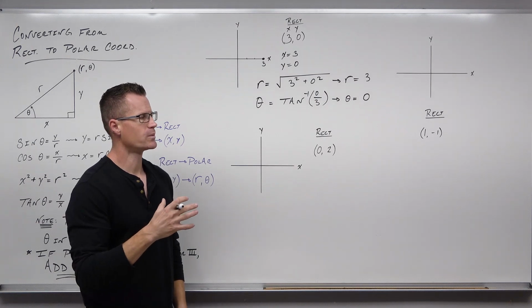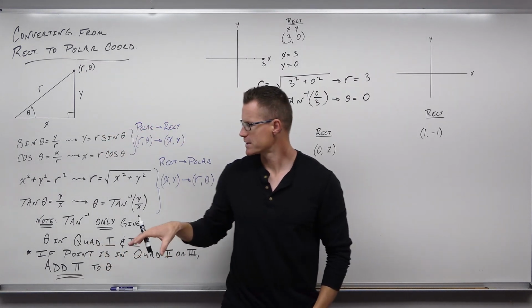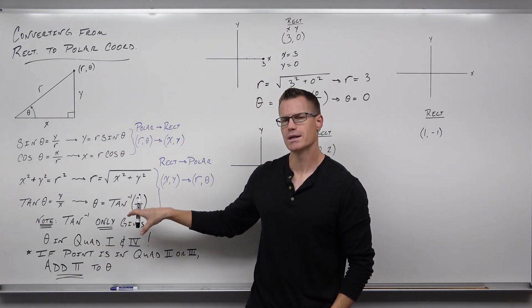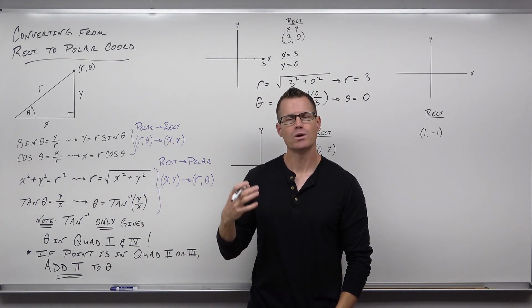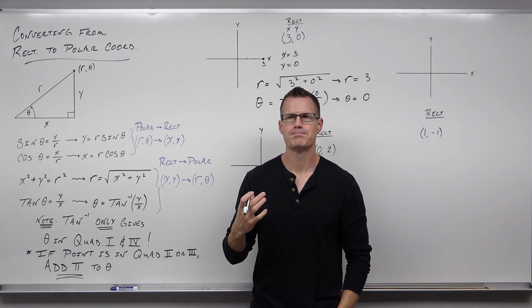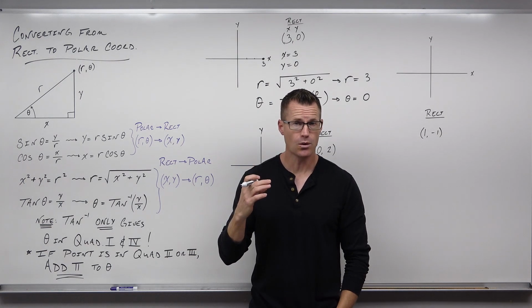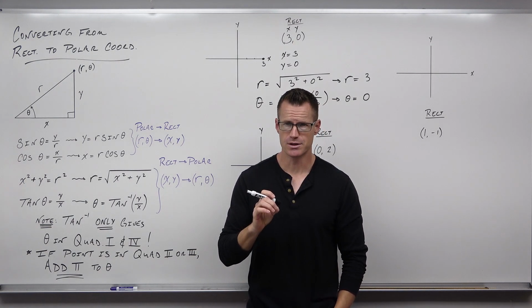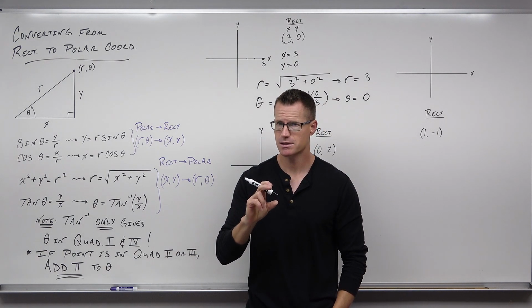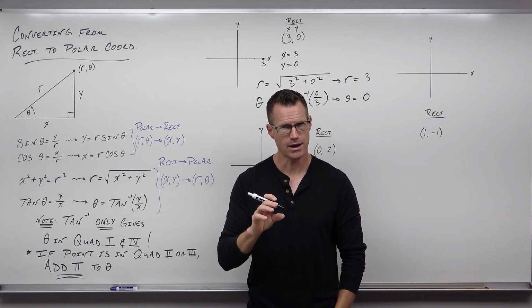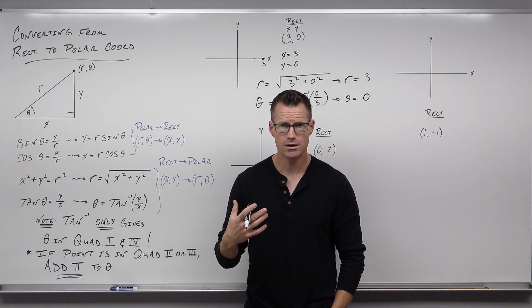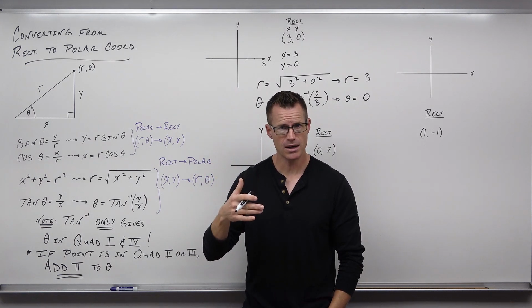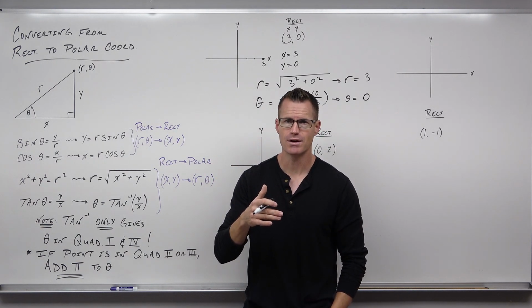Furthermore, I want to talk just a little bit about the reason why this happens, why tangent only gives you that. The problem is this: y over x. When we compare y over x, a ratio doesn't know the difference between a negative y and a positive x, and a positive y and a negative x. It both works out to negative for the ratio. It also doesn't understand the difference between positive y positive x and negative y negative x.